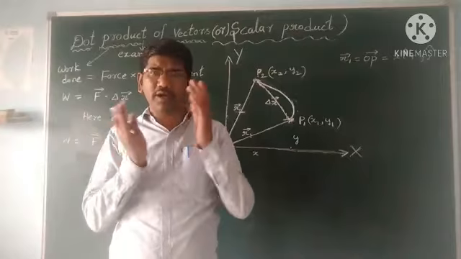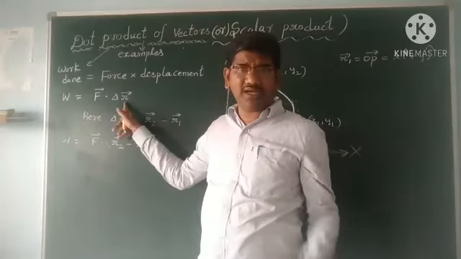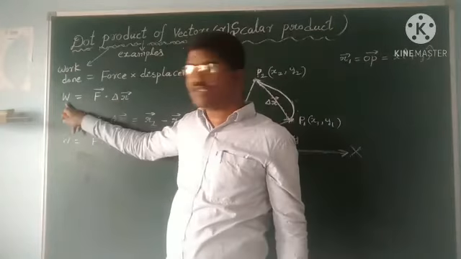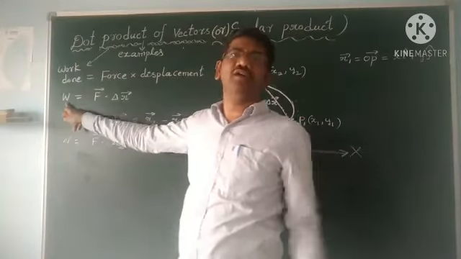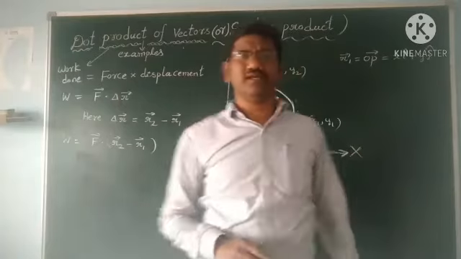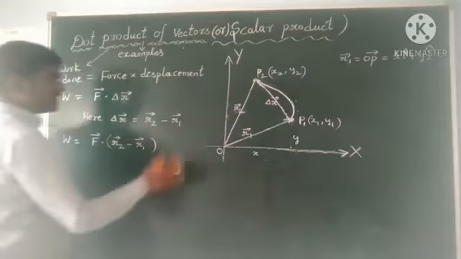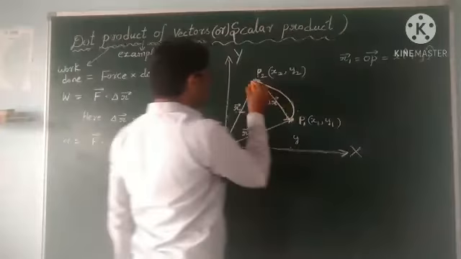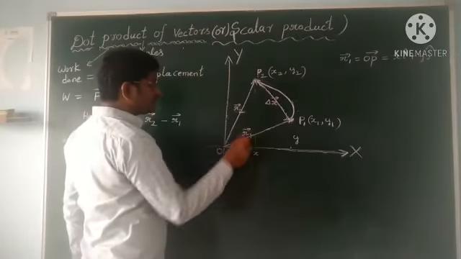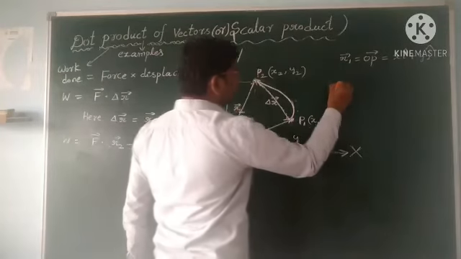So this is one of the examples. Work done is a product of two physical quantities, force and displacement. The dot product of force and displacement gives a new physical quantity called work, which is a scalar. And R2 bar is the final position, and it also has two coordinates, x2 and y2.